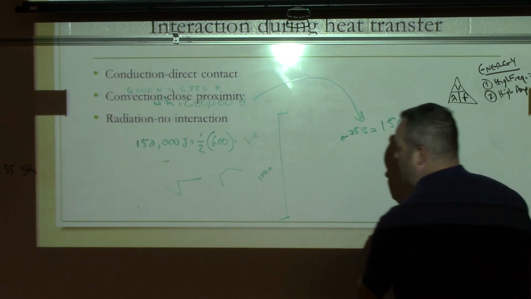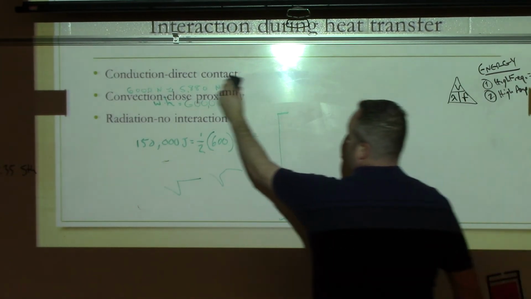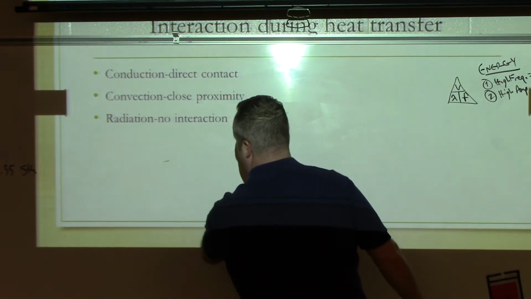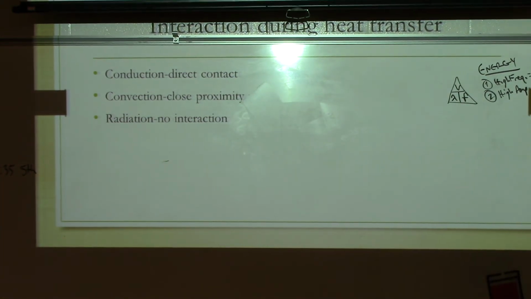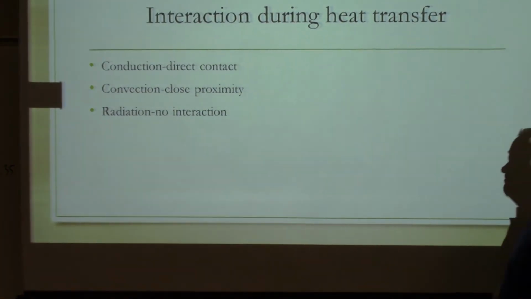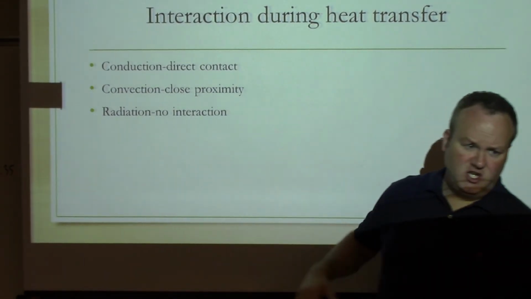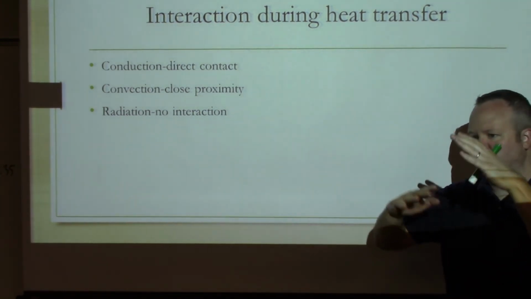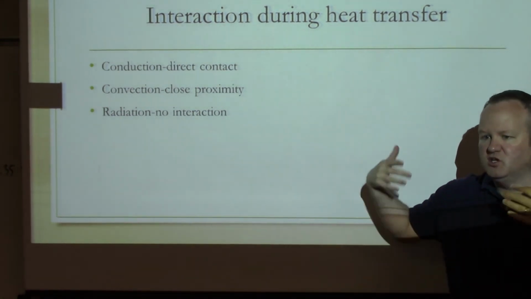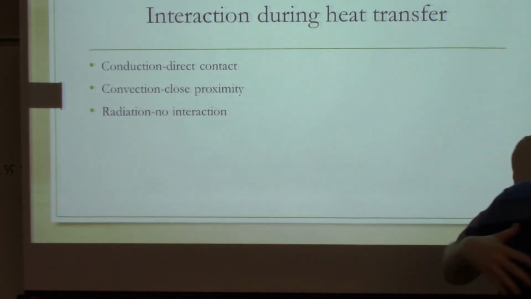Interaction. So the molecule interaction during the heat transfer. Remember that with radiation, there's not really an interaction because there's no matter that's involved with that at all. With conduction, you have to be in direct contact. And with convection, just close proximity. So you do still have to interact with convection, but you just have to be close.